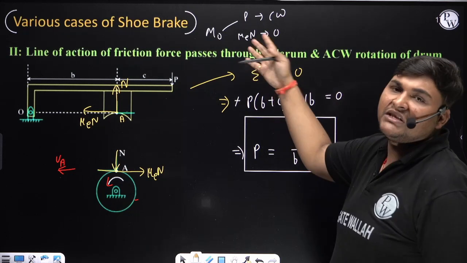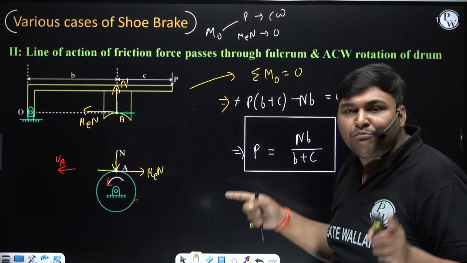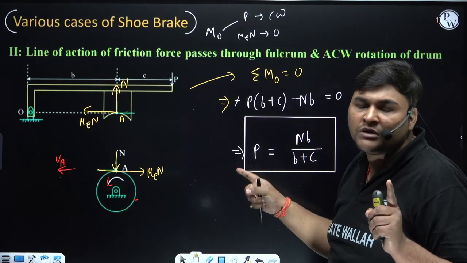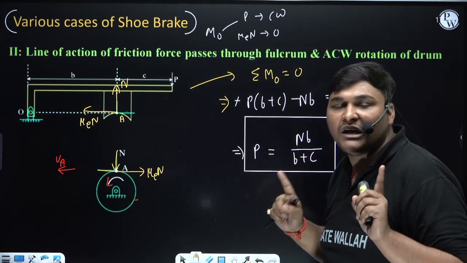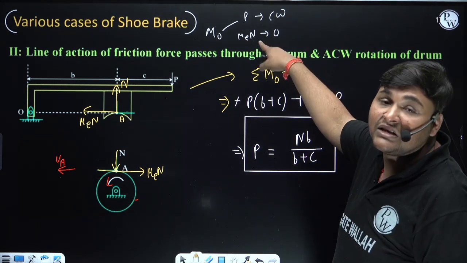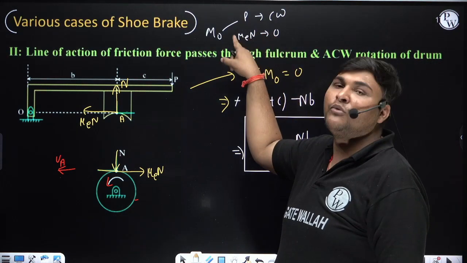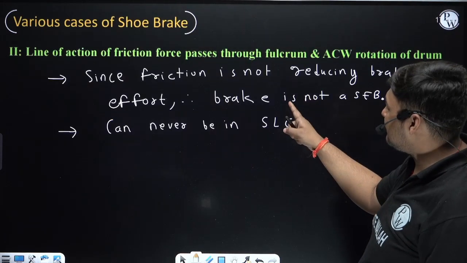Zero means its direction will also not come, so both directions are not same. For self-energizing, the direction of moment of effort P and the direction of moment of friction force about the fulcrum should be same. Otherwise, the brake will not be self-energizing. So this case falls in the otherwise case, because the moment of friction force about the fulcrum is zero, which means this brake is not self-energizing. Same conclusion we have made.